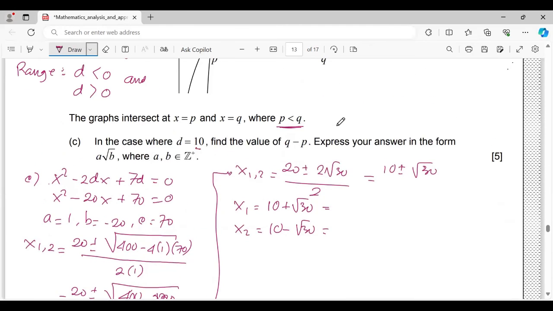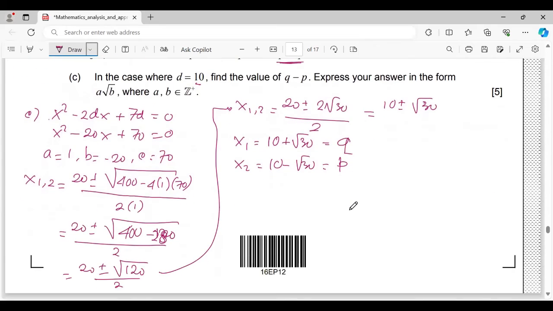Now, according to the information that p less than q, this is p, this is q. So q minus p is 10 plus square root 30 minus (10 minus square root 30). 10 minus 10 equals 0.